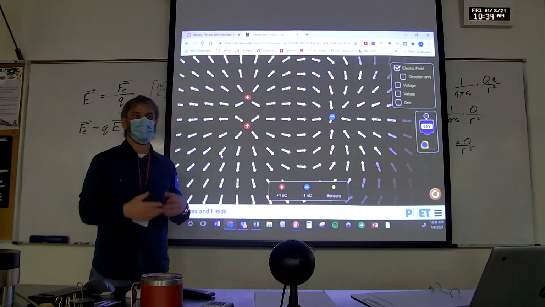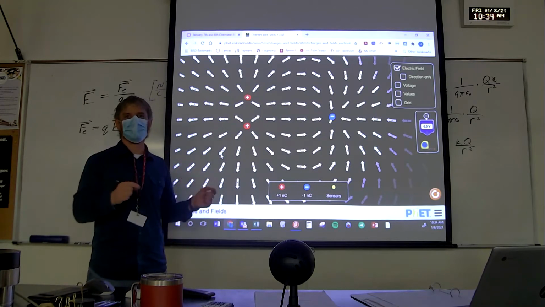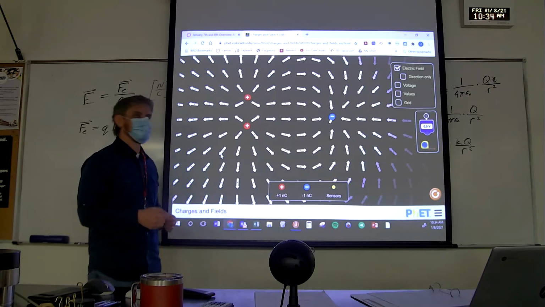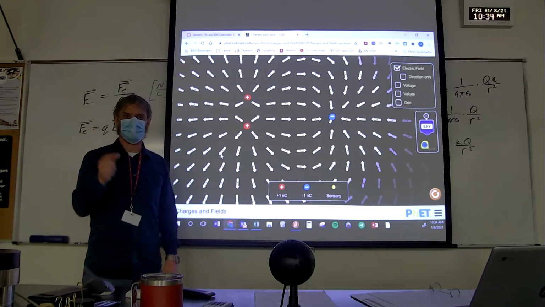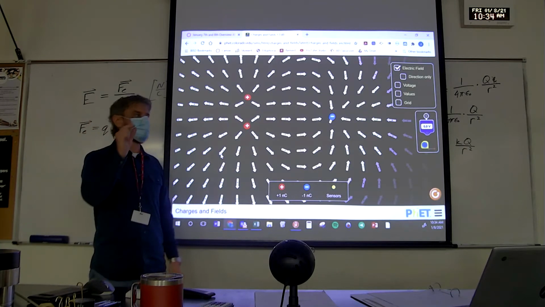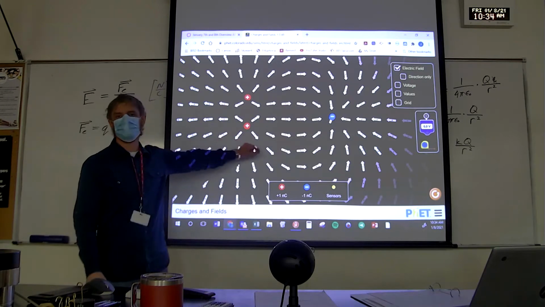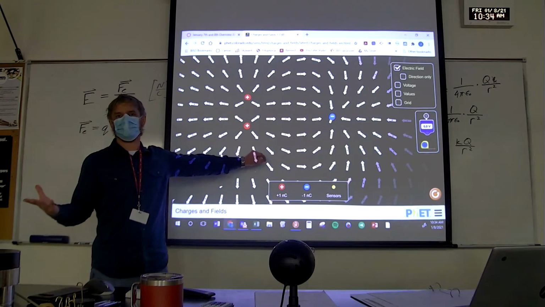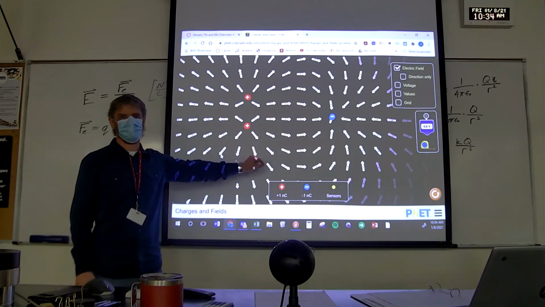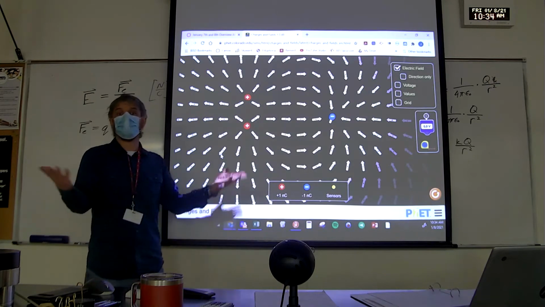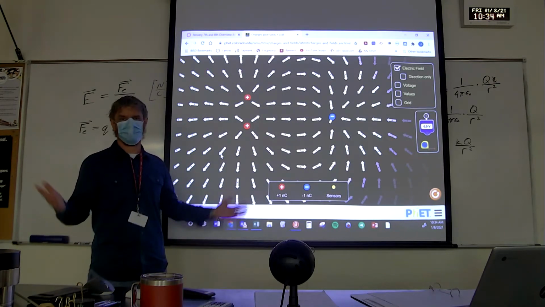Well, really what they define the electric field direction as is if I took a small positive test charge, and this is arbitrary, right? I take a small positive test charge, I put it in the space, what direction does it feel a force? That's the direction of the field. But they could have picked a negative charge, but they picked a positive charge.